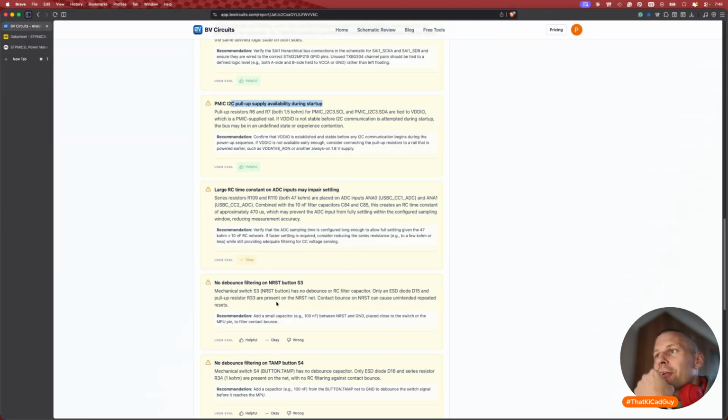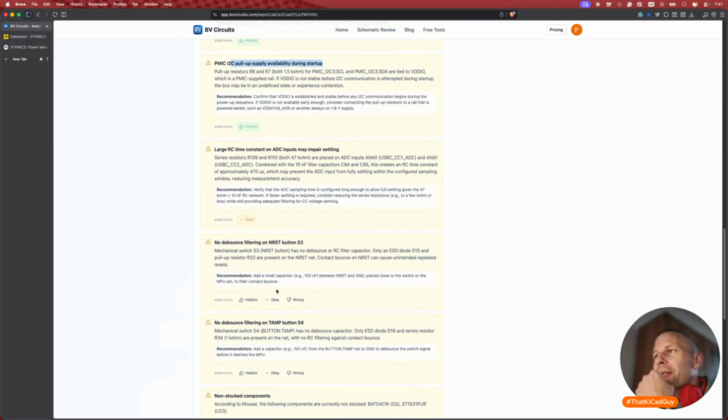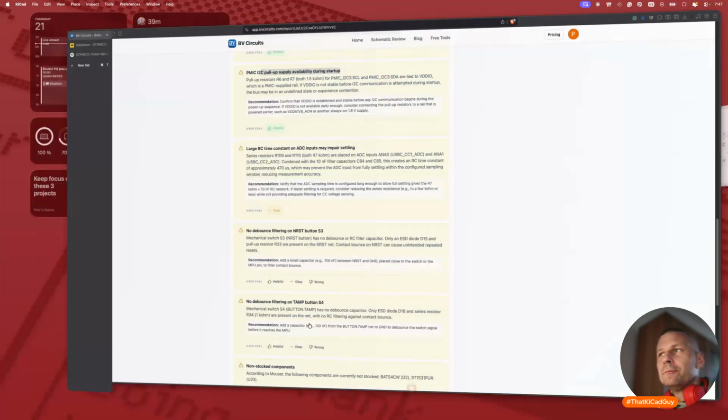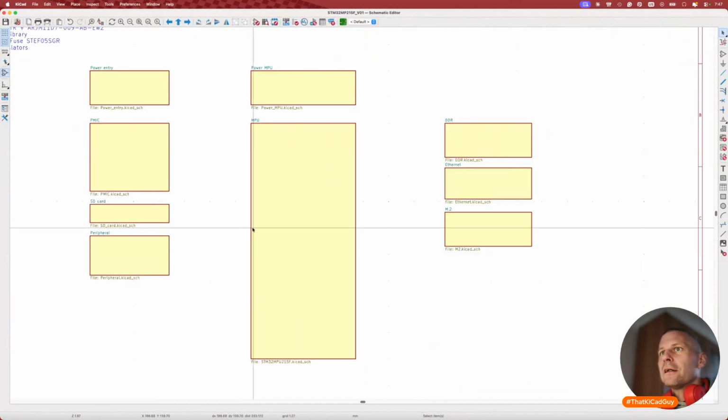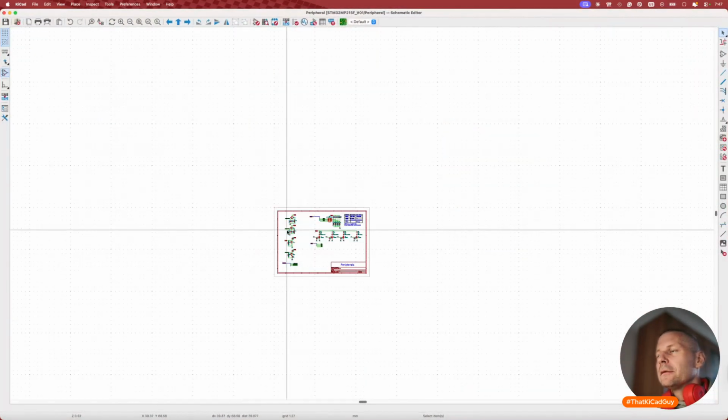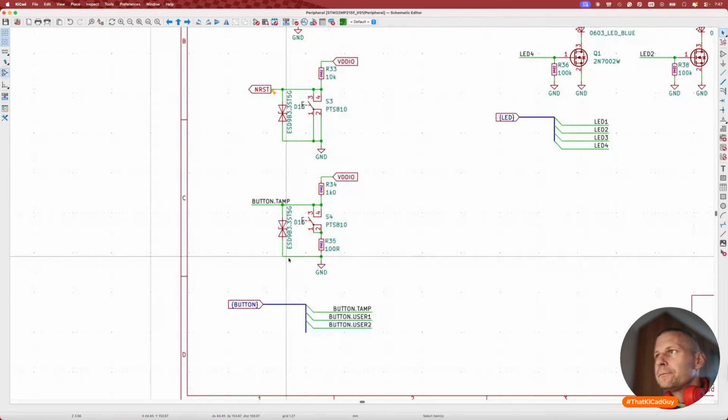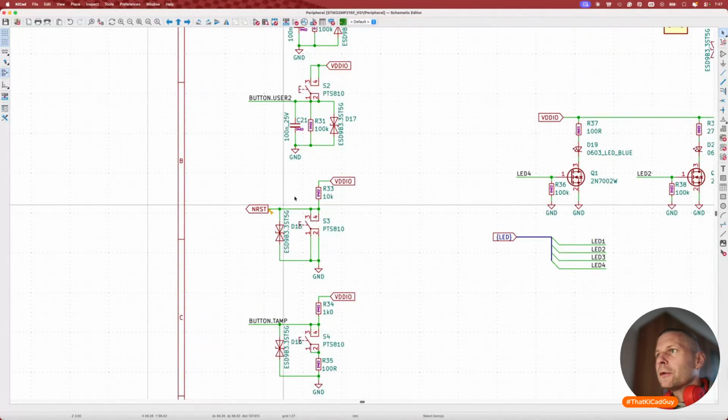No debounce filtering on reset, but on the C3. Yeah, that's an usual thing. This one.